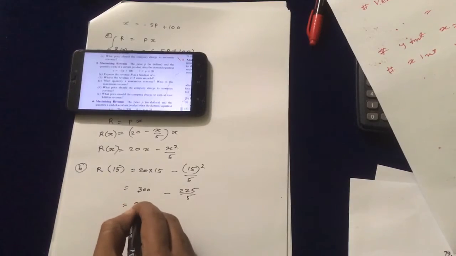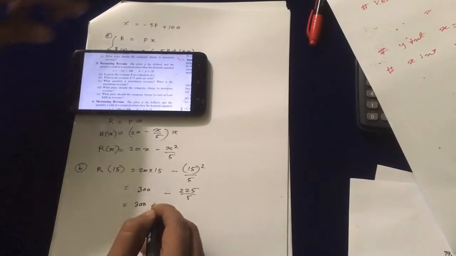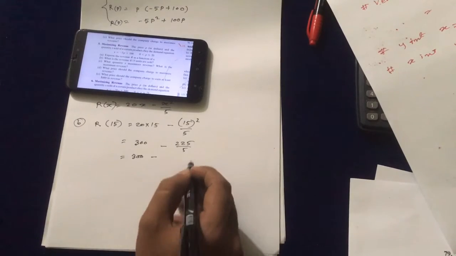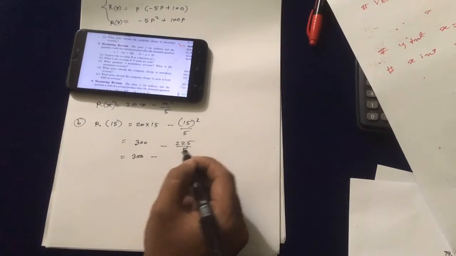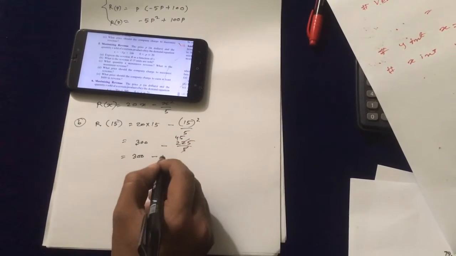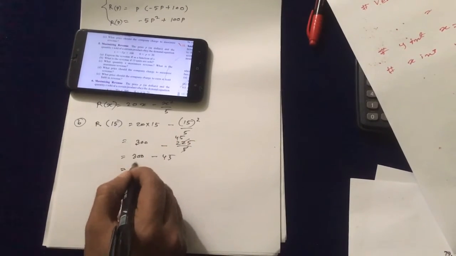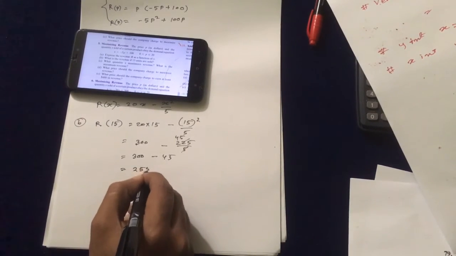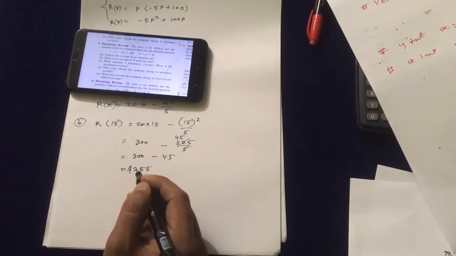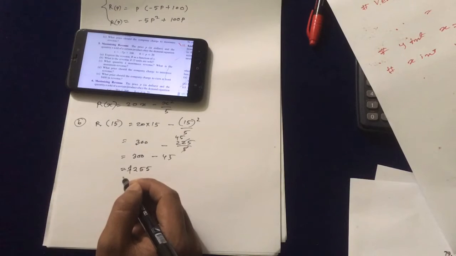So 300 minus 225 divided by 5; if I do the cancellation, 225 divided by 5 is 45. So 300 minus 45 equals 255. So this dollar amount is the revenue for 15 units sold.